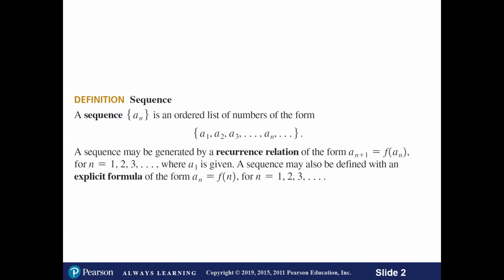Once you have the first term and the recurrence relation, you can generate all the rest. A sequence may also be defined with an explicit formula, where the nth term is some function of n. So that tells you, given n, how to generate all the terms of the sequence. So either a recurrence relation, where I know the nth term and I know how to generate the next one, or an explicit formula that tells me for any n what the nth term looks like.